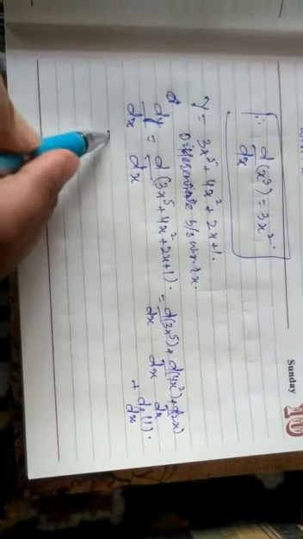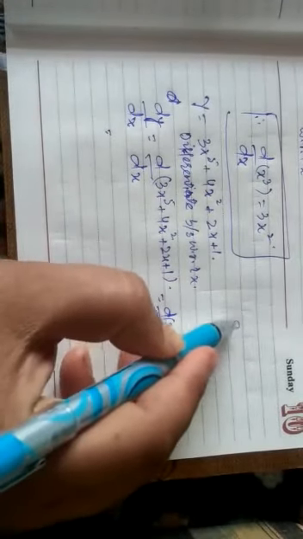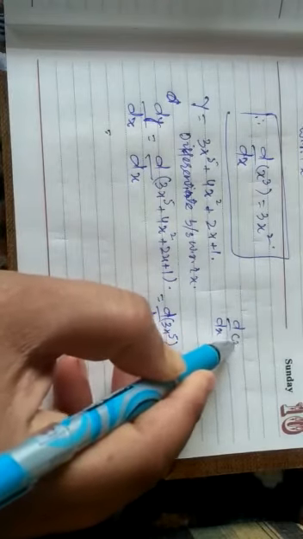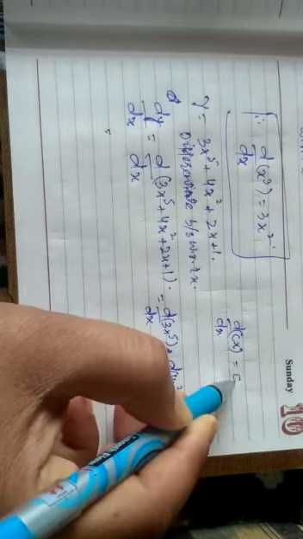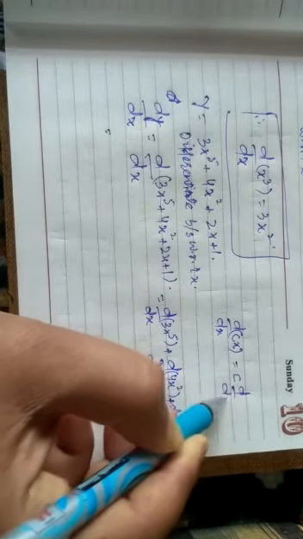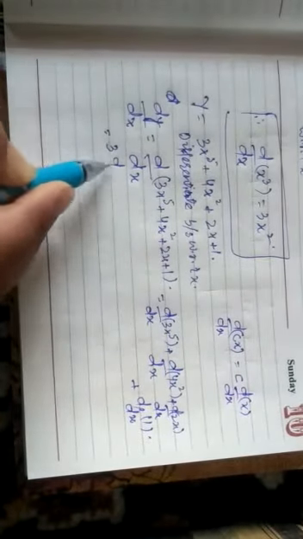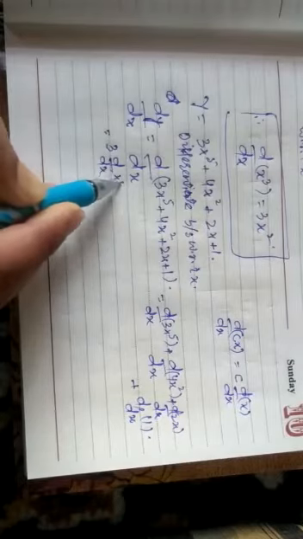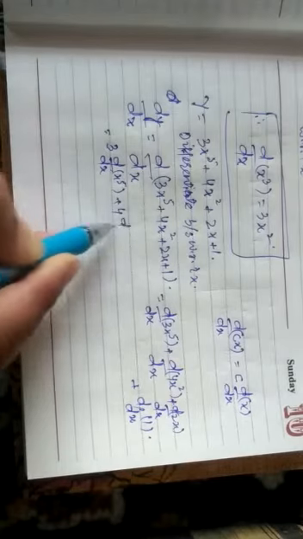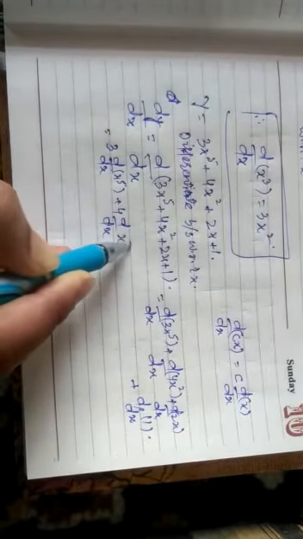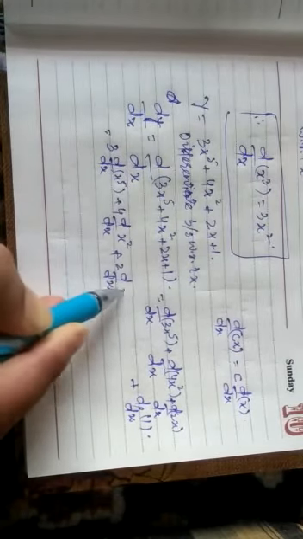Now proceeding forward, you have to remember that if we have d by dx of cx, where c is a constant, c goes outside the differentiation, and it will be d by dx of x only. So here the 3 will come out: d by dx of x raised power 5, plus 4 comes out: d by dx of x square, plus 2 comes out: d by dx of x.